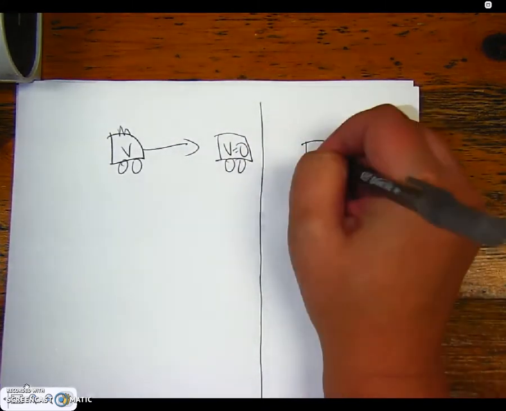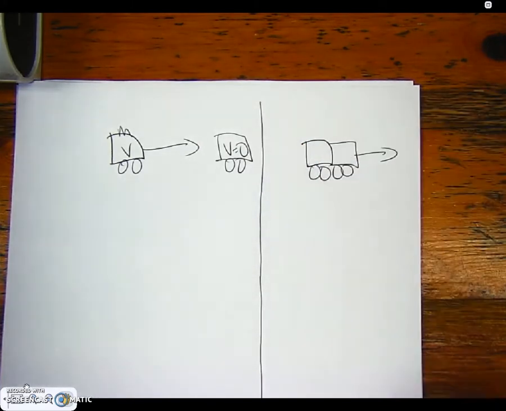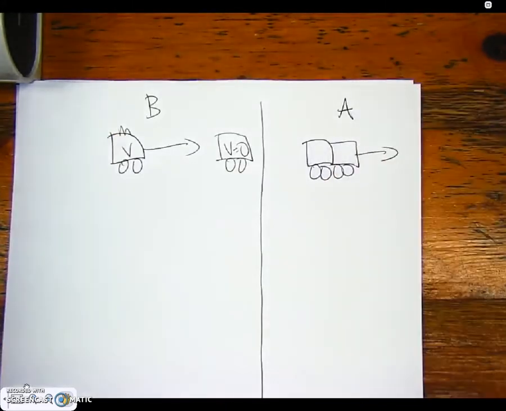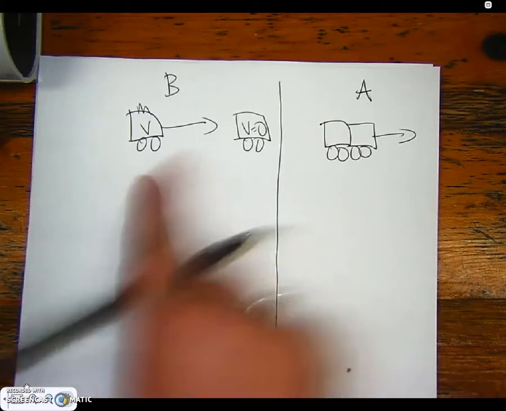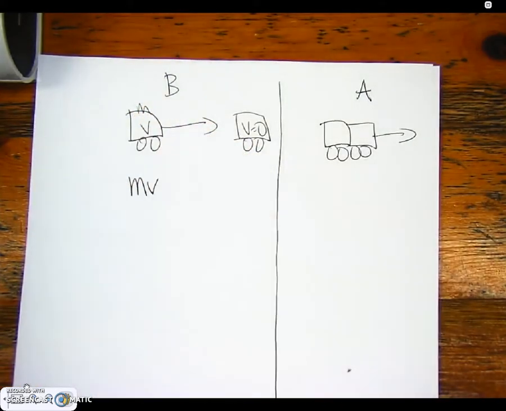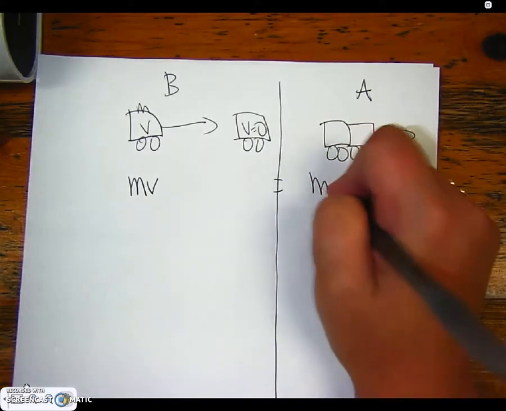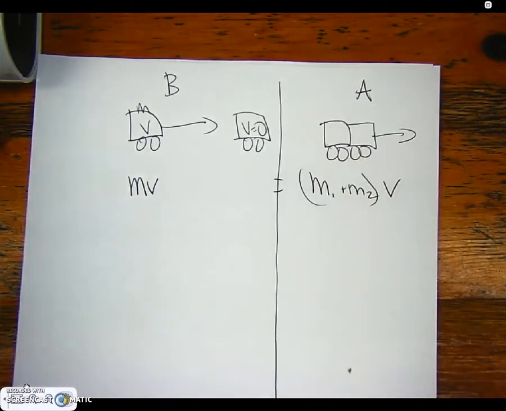Together they're going to move off in some direction over here. So this is my before and this is my after. To do a conservation of momentum equation, over here I only have the momentum of this object, and so that must be equal to the momentum of these two together. So we'll say (m1 + m2) times v, because they're one object.